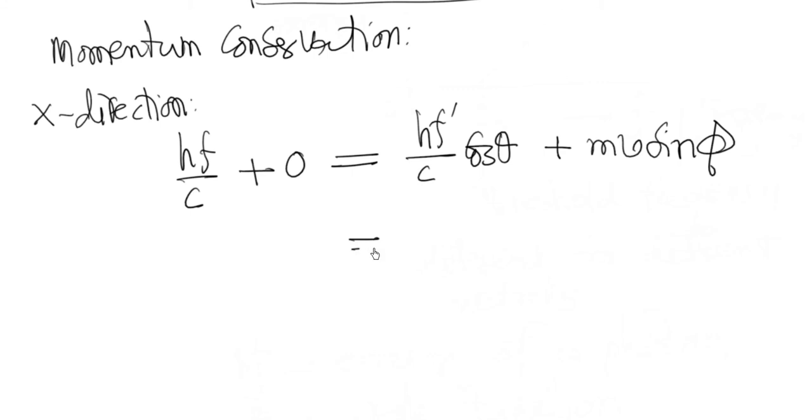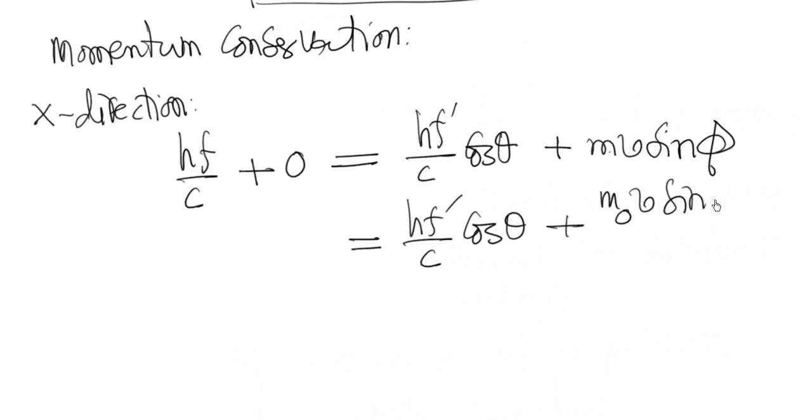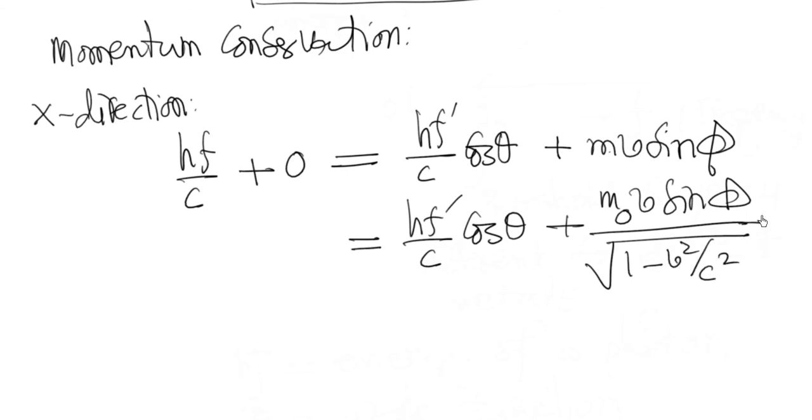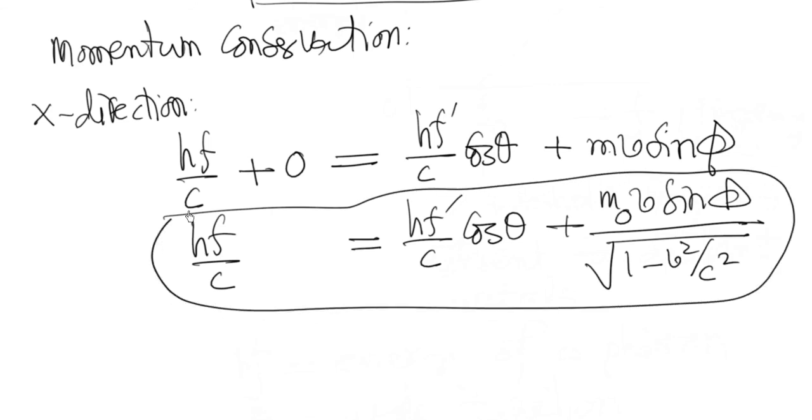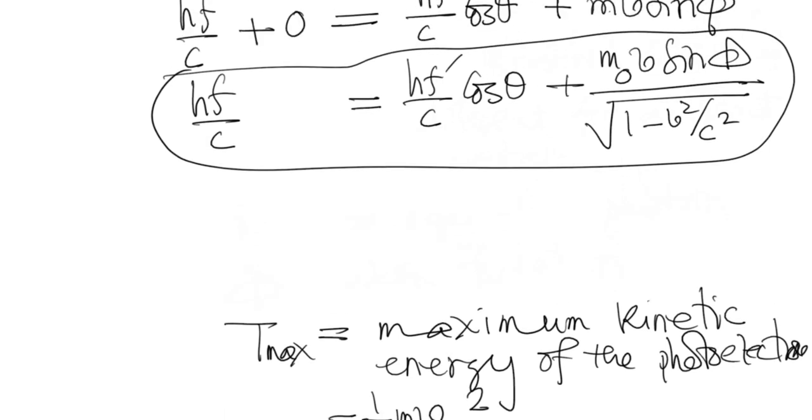If we write in terms of m naught, this m, we have hf prime by c cos theta plus m naught v sin phi by square root of 1 minus v square by c square. Okay, so this is the relation we have along the x direction, the conservation of linear momentum.